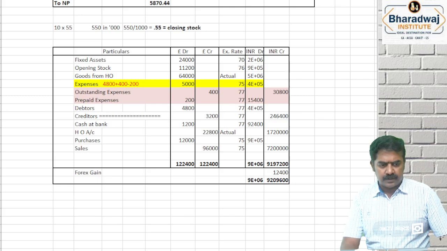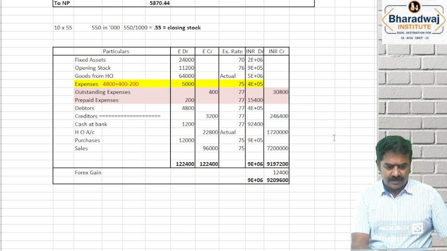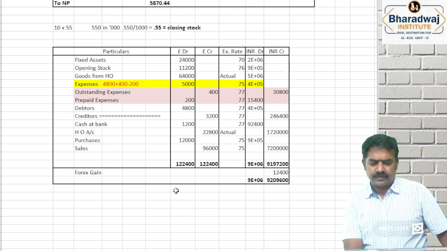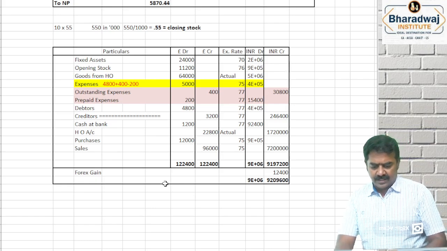How much? 17,82,000. Then add the invoice price of the goods sent. Then less invoice price of goods returned back.